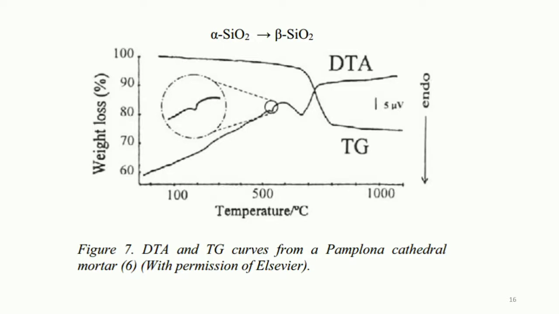At about 570 degrees Celsius there is a small endothermic peak. This peak is related to the allotropic transformation of quartz, so this is an indication of quartz transformation.